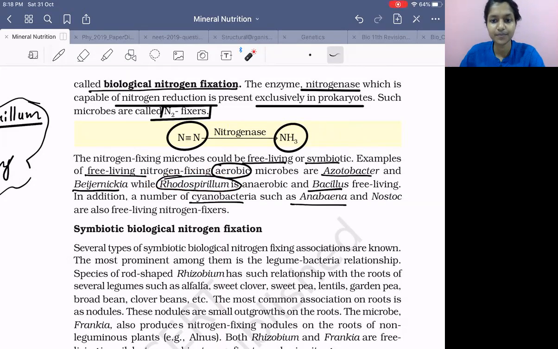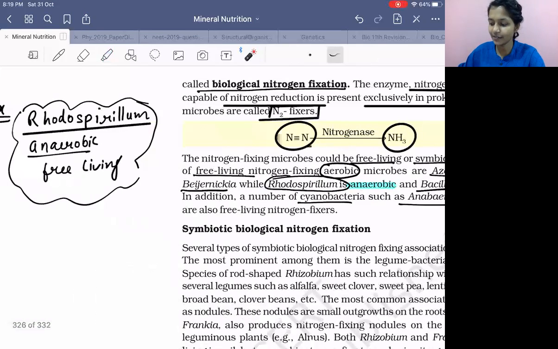Rhodospirillum is free living but anaerobic. Please write this. It is very confusing, this paragraph. Rhodospirillum is anaerobic, does not require oxygen. Other than that, Azotobacter, Beijerinckia, Bacillus are all free living and aerobic.